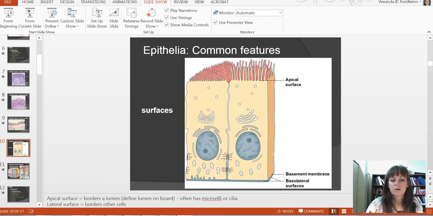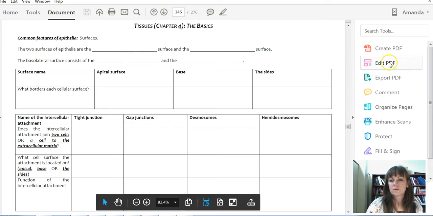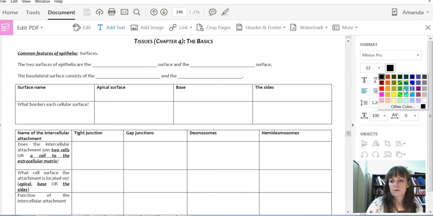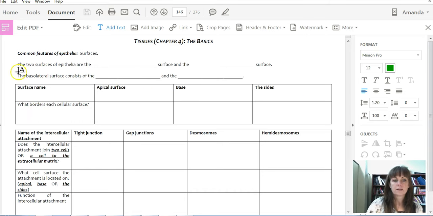Okay. So if we go to our notes packet, let's look here. We've got our apical surface, base, and the sides. It says the two surfaces of epithelial cells are the apical surface and the basolateral surface, and the basolateral surface consists of the base and the sides.